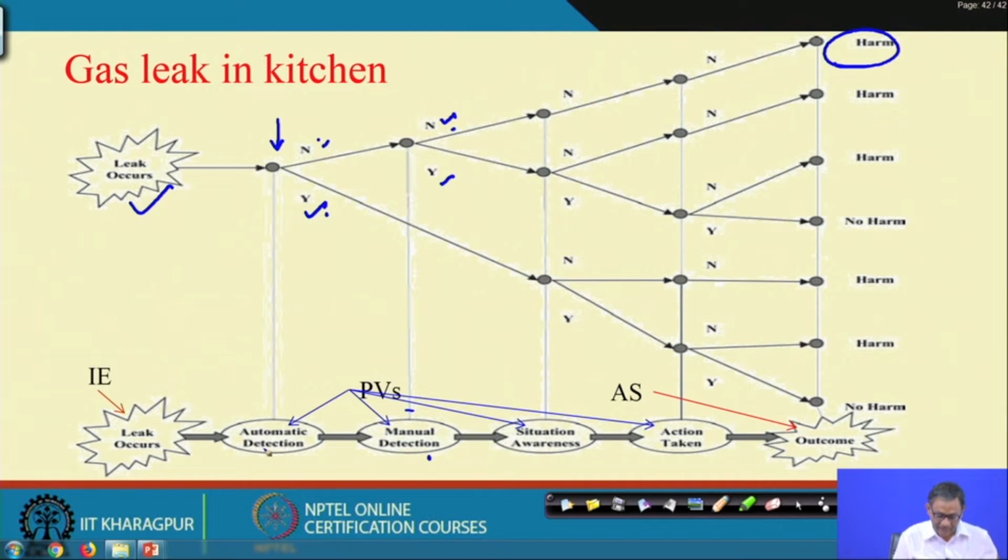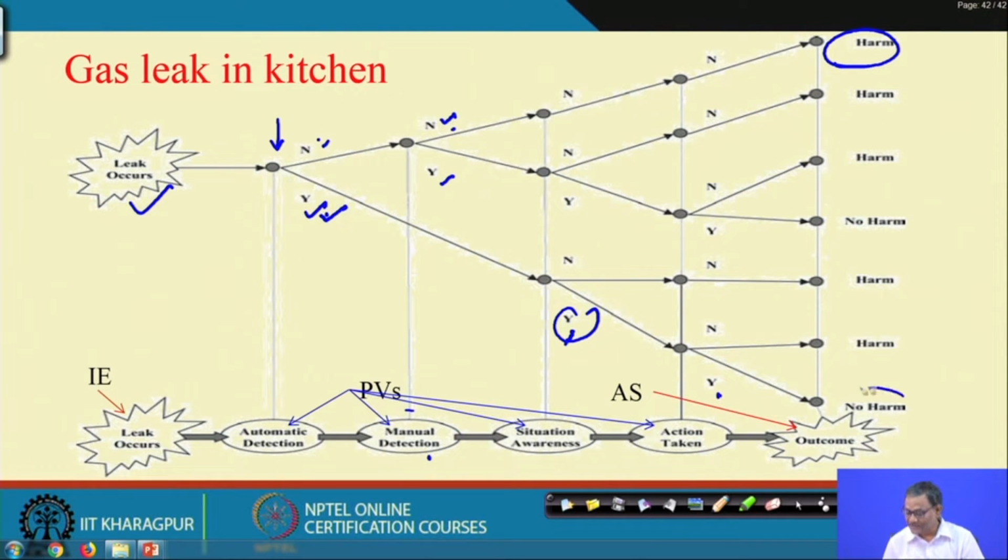Suppose a leak occurs and automatic detection is successful, then manual detection is not required. With automatic detection, you are aware of the situation. You are aware that leakage can cause harm, but whether action is taken?